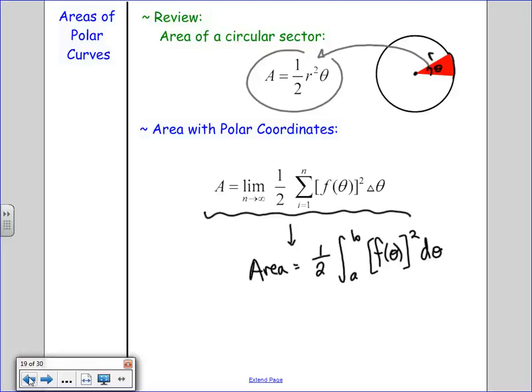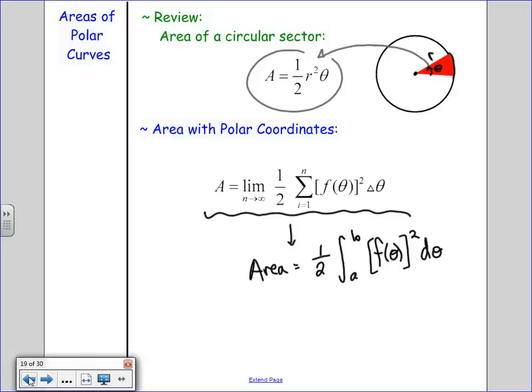But when I'm doing a volume, I take an area formula and multiply it by depth to make it three-dimensional, but the integral makes the depth infinitesimally thin, making my slices infinitesimally thin and putting them all together. That's kind of what it's doing here, except instead of the third dimension, I'm using the area formula, but I'm taking one of the variables of the area formula and making it the increment, making it the differential.